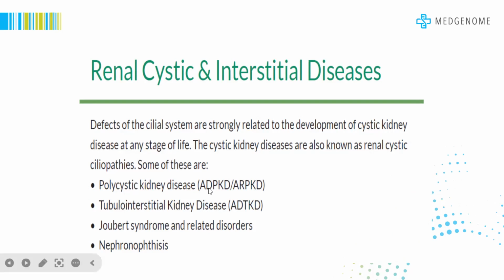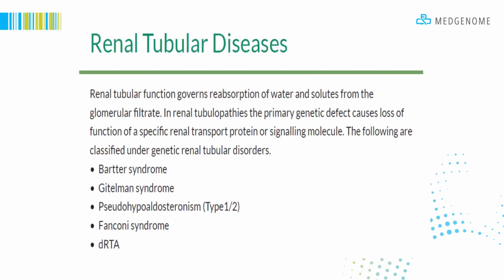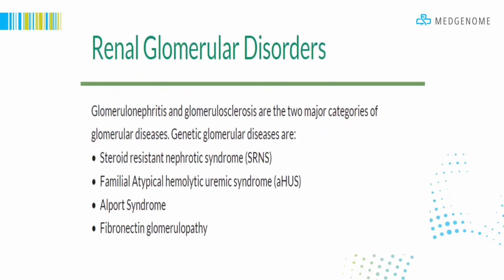All these have a genetic background. Renal tubular diseases include Bartter syndrome, Gitelman syndrome, pseudohypoaldosteronism type 1 and 2, Fanconi syndrome, distal renal tubular acidosis. Renal glomerular disorders include steroid-resistant nephrotic syndrome, familial atypical hemolytic uremic syndrome, Alport syndrome, fibronectin glomerulopathy.